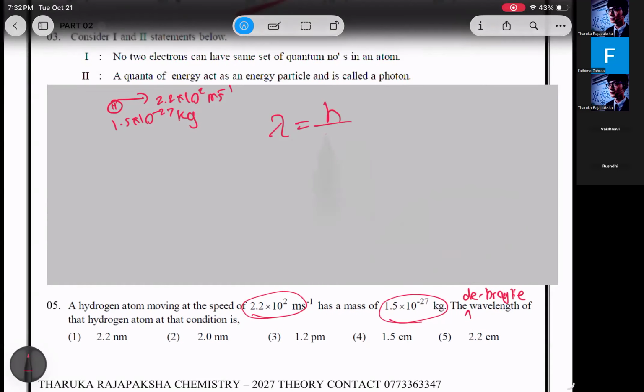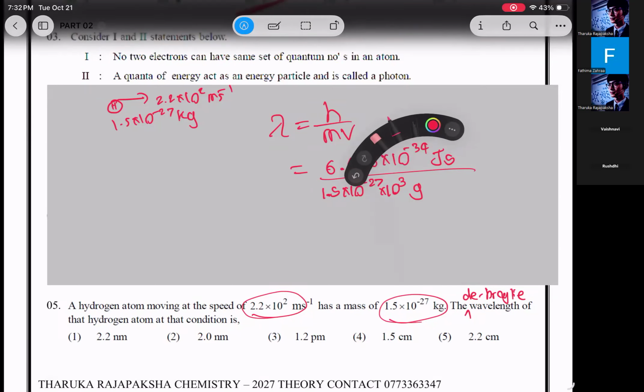Lambda is equal to h over mv. h is 6.626 × 10^-34 joule seconds, divided by mass. Mass is 1.5 × 10^-27 kilograms.